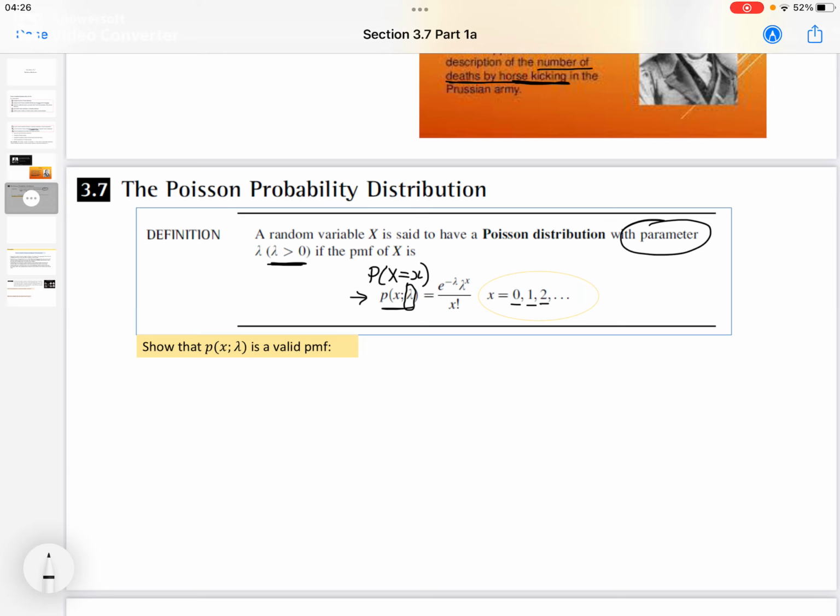So for the Poisson distribution, the possible values of a random variable x are 0, 1, 2, 3, and so on. So the minimum value for a Poisson random variable is 0.